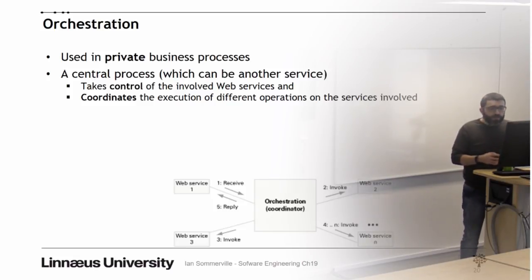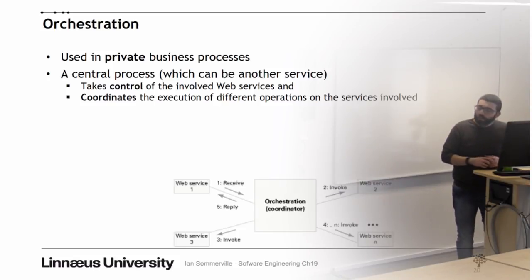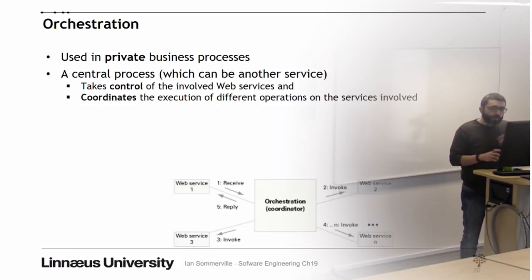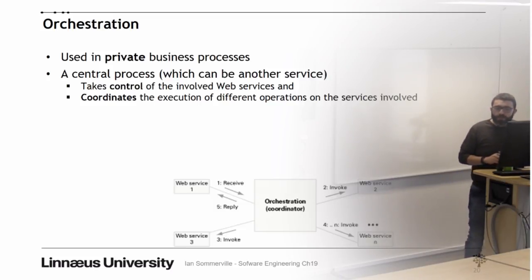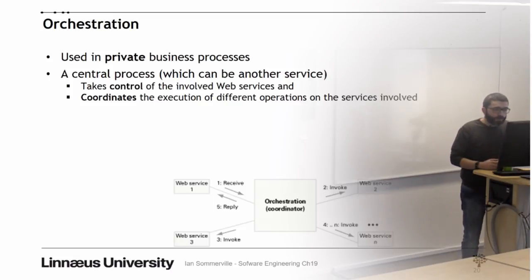Once we have the location of the hotel, we can invoke web service 3 in order to search for attractions around the hotel, and then finally we can invoke service number 4 in order to book these attractions.